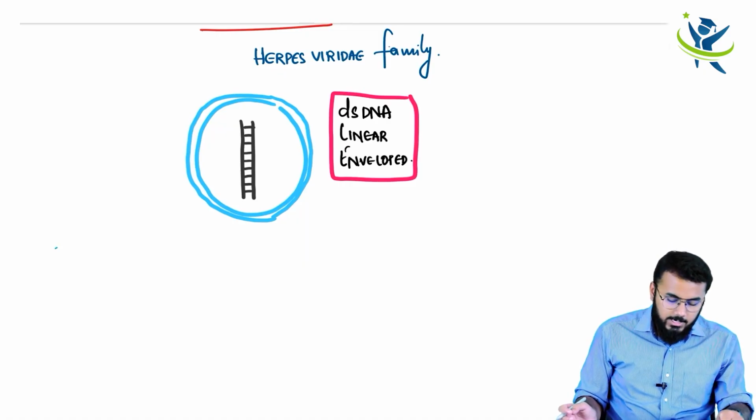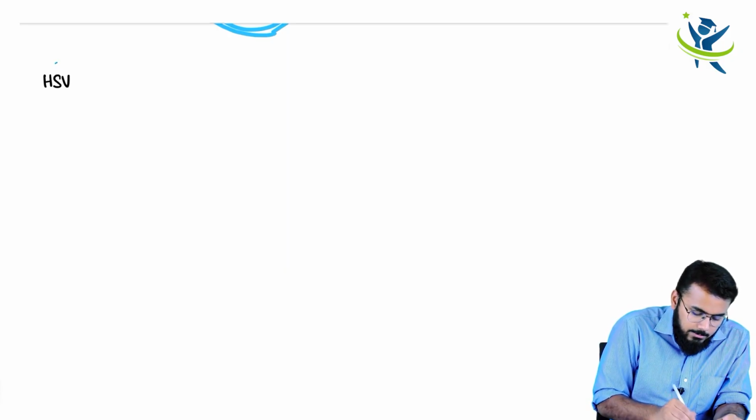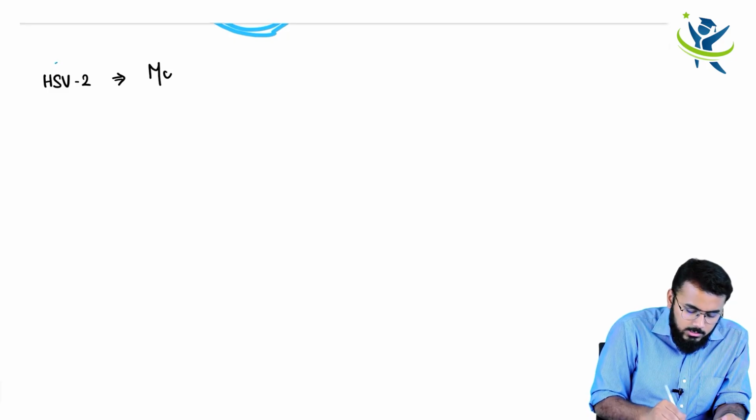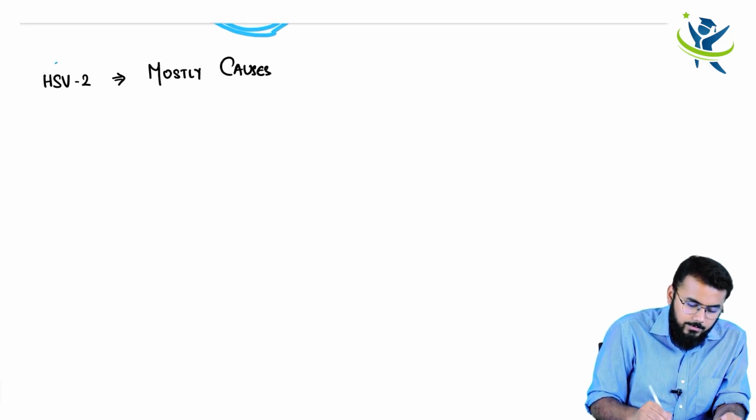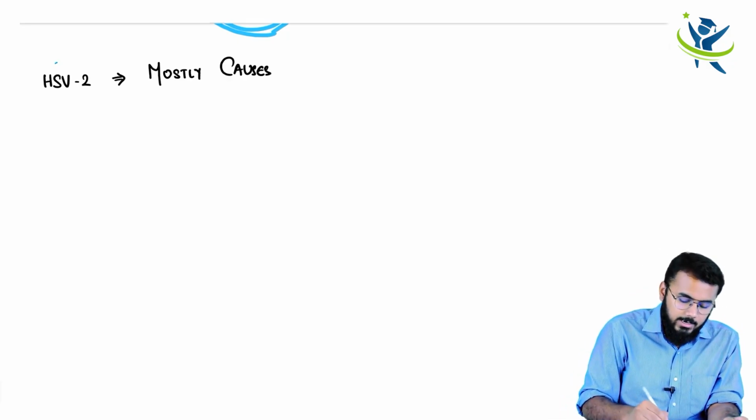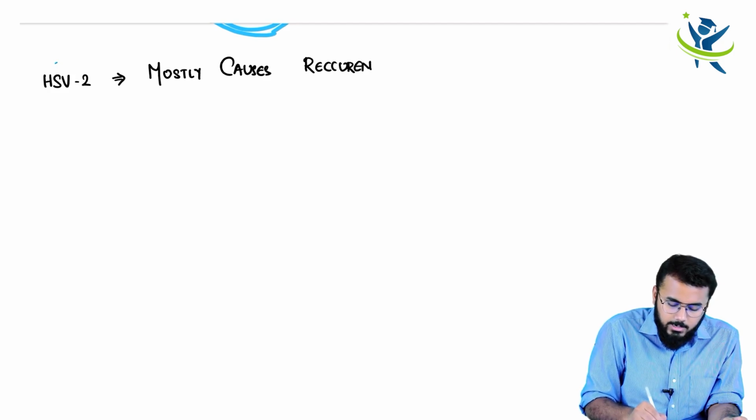Next important thing is that herpes simplex virus 2 is the most common cause of recurrent genital ulcers. So herpes simplex virus type 2 mostly causes, or is responsible for, recurrent genital ulcers.